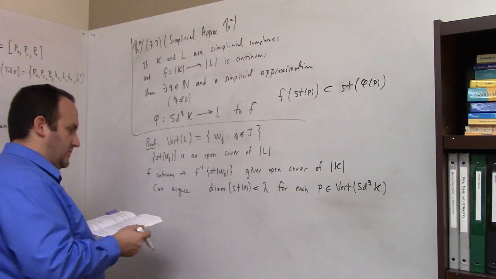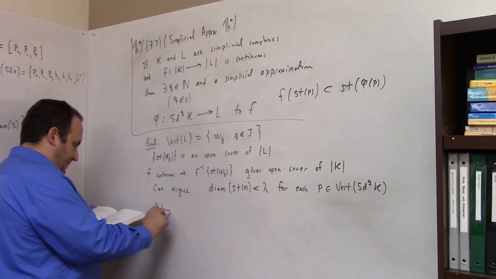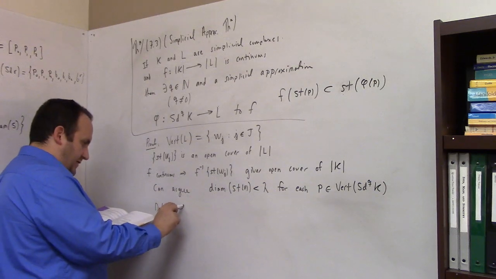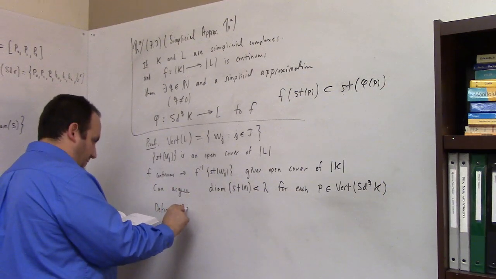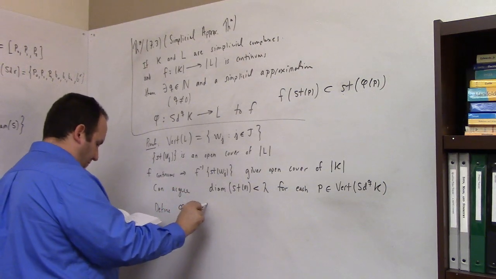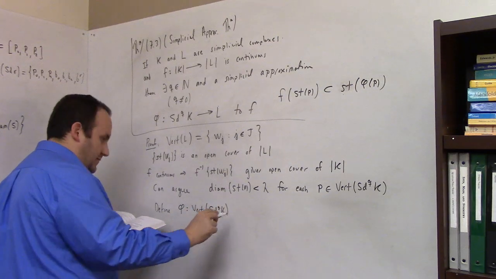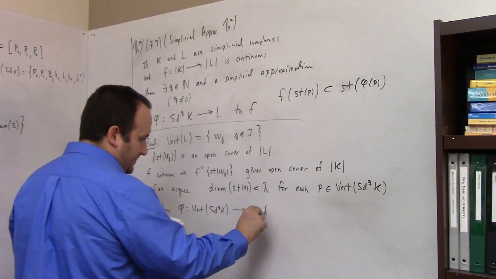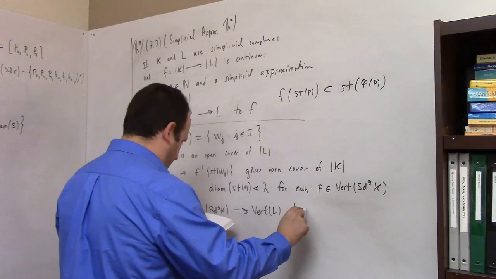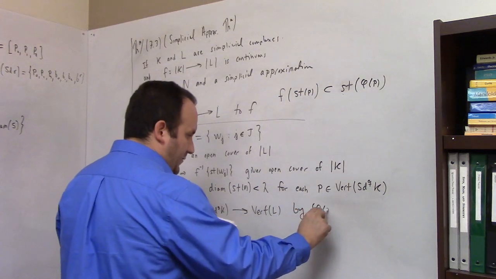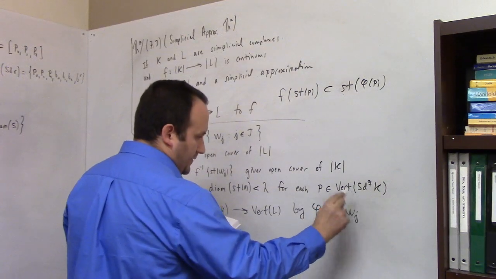Alright, he says define phi from the vertices of the Qth subdivision of K to the vertices of L by phi of P equal to W sub J. Oh, hey, look.